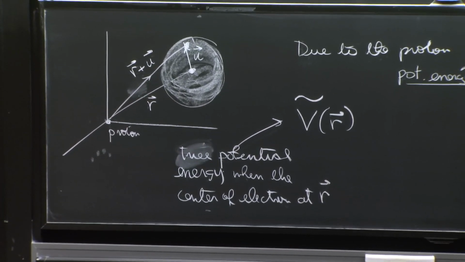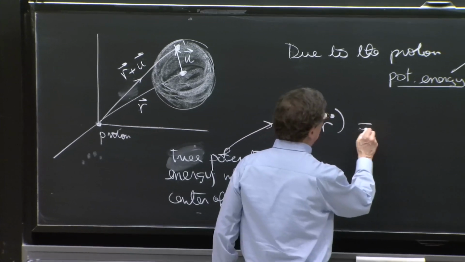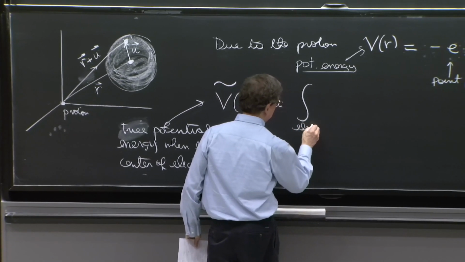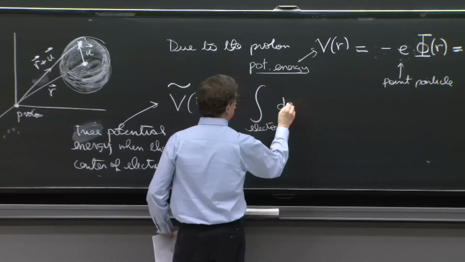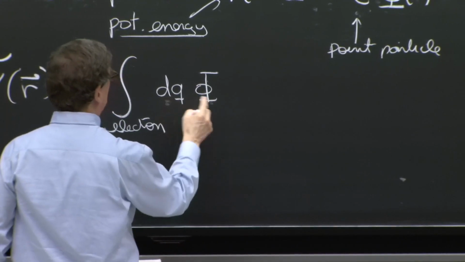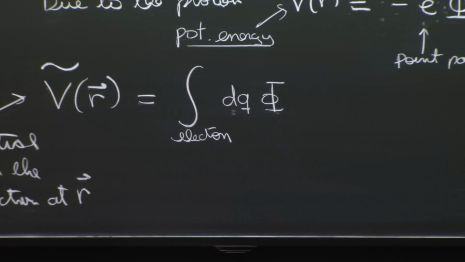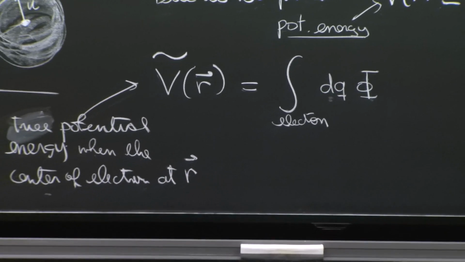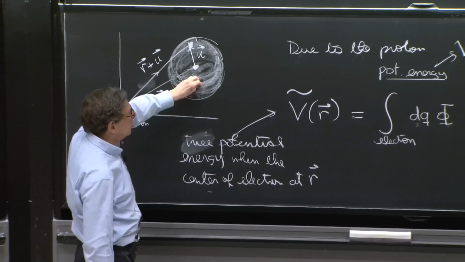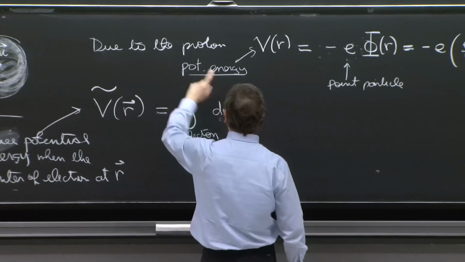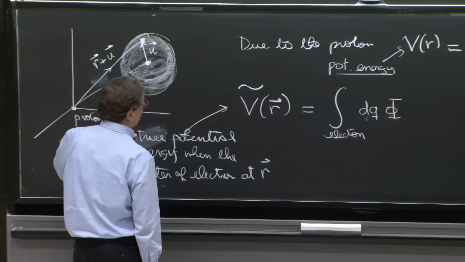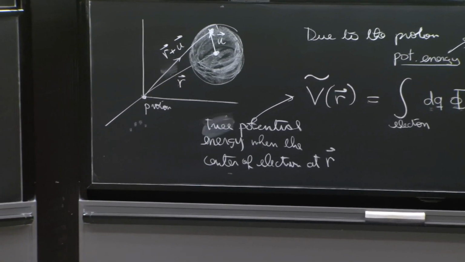So what is the true potential energy when the center of the electron is at r? Well, I would have to do an integral over the electron of the little amount of charges times the potential at those points. For every piece of charge, I must multiply the charge times the potential generated by the proton, and that would give me the total energy of this electron in this potential, V of r.